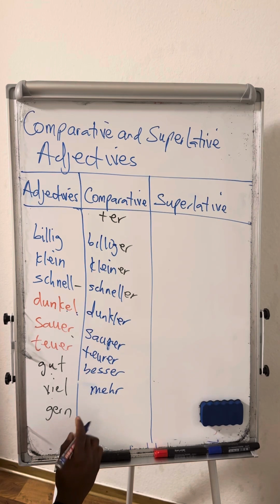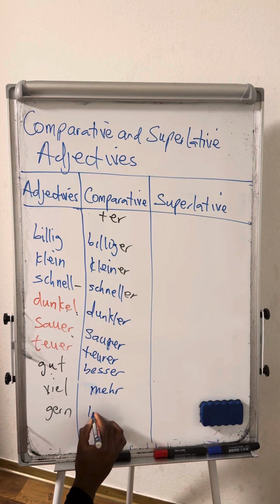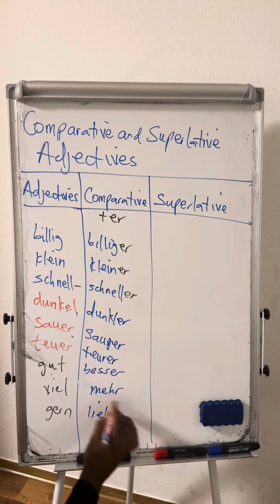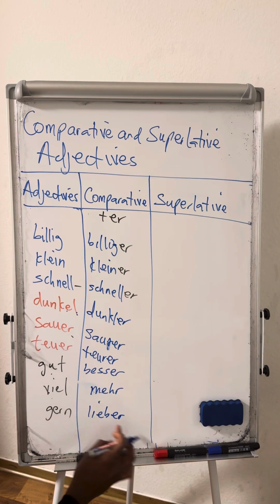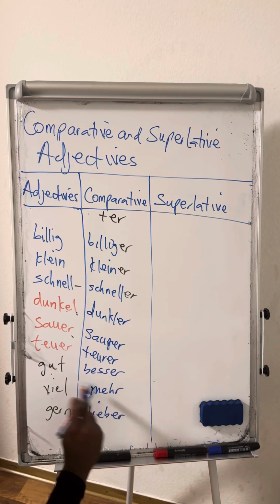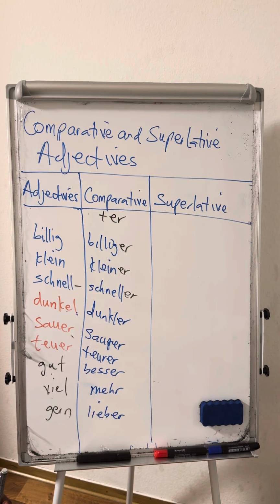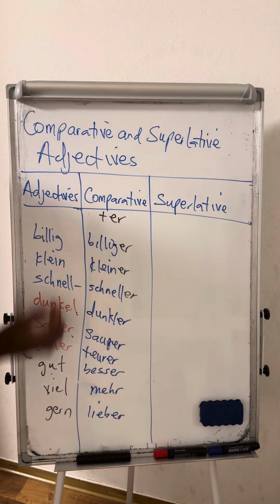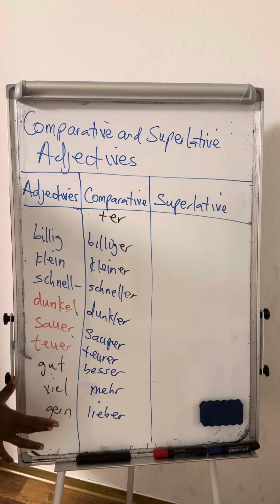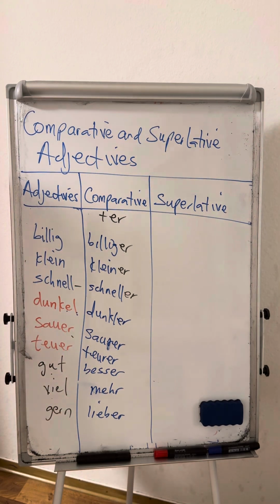Gern, which is like, in the comparative is lieber, meaning prefer. So like, prefer. Much, more. Good, better. That's why I put them in this form, so that you don't mistake them.